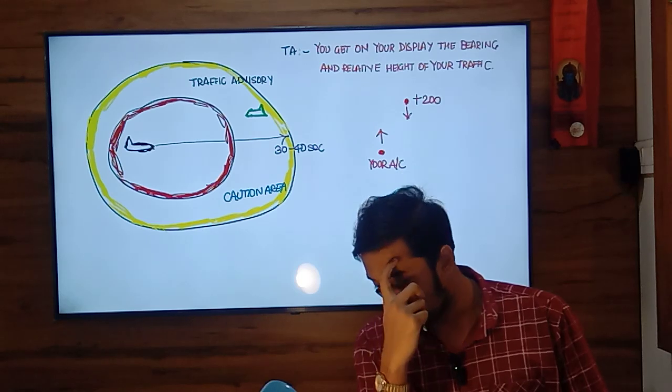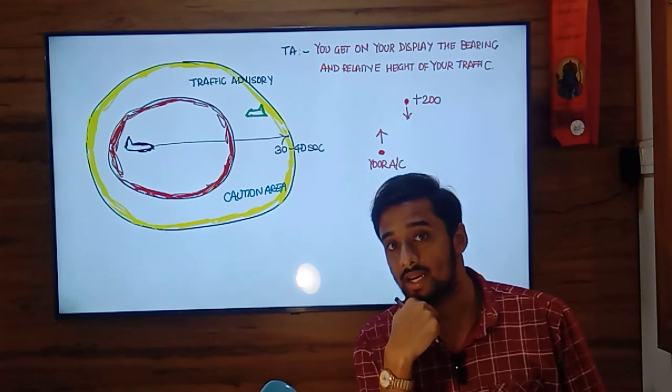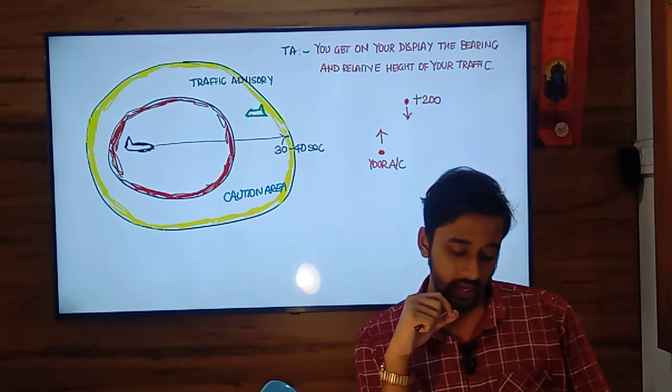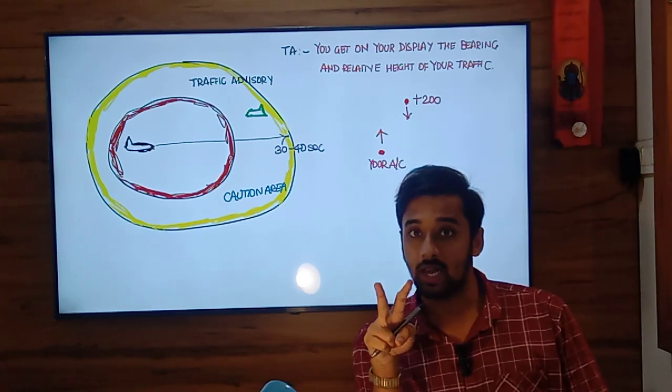If it's 100 feet below you, minus 100, and so on. Relative height will be displayed to you. So this is the thing about traffic advisory, caution area.